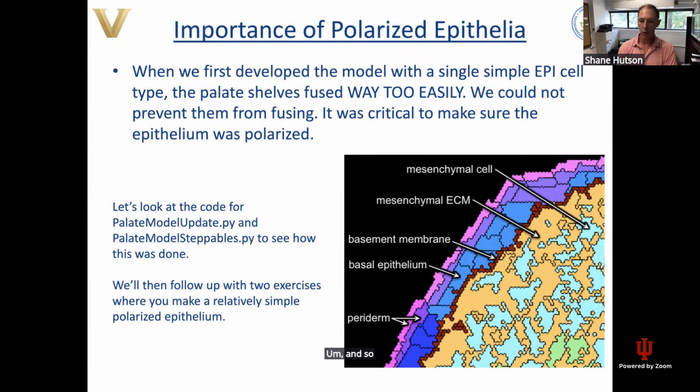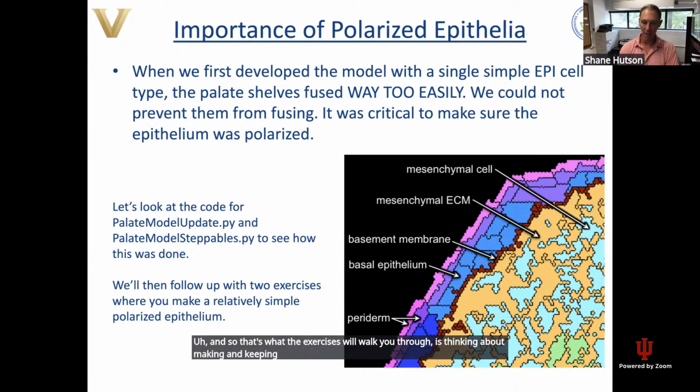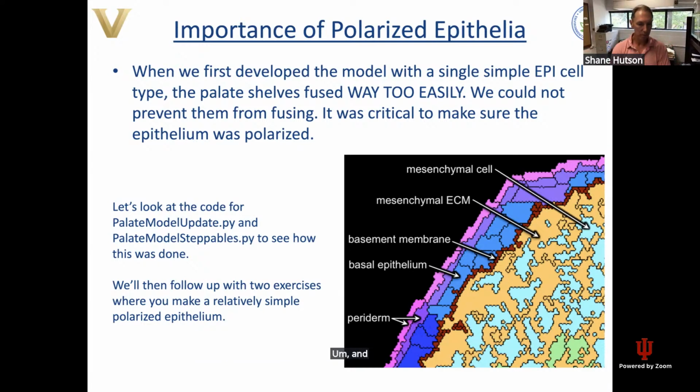And so what was critical was to make sure the epithelium was polarized. That's what the exercises will walk you through: thinking about making and keeping an epithelium in a model polarized. And I hope that these .py files that are labeled here on the slide are accessible.